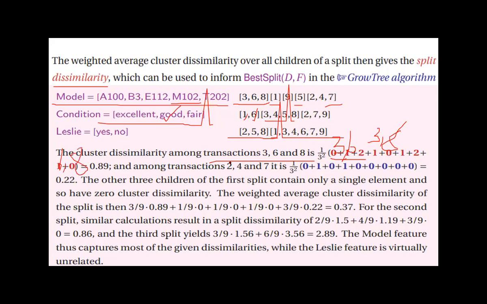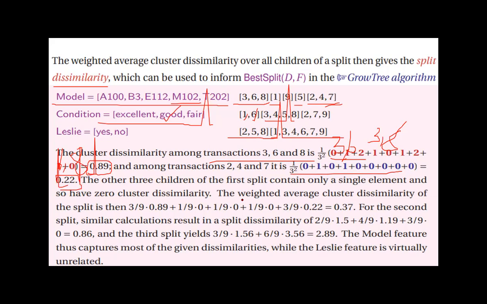So all combinations, all pairs, you have to take and calculate the distance so that it comes to 0.89. And among the transactions 247, it is calculated like this, 0.22.